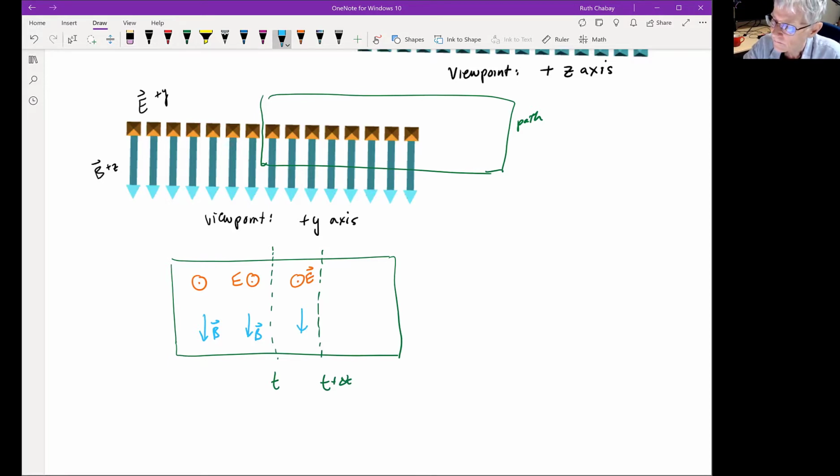So the flux on this piece of the region is delta phi, okay?